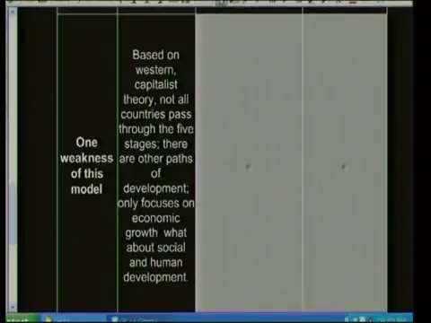Depending on how fast the development happens, maybe you can jump from stage 1 to stage 3. The development also only focused on economic growth and did not mention social and human development. And that was the main criticism of Rostow's model, that everything was based on economics and not enough on social and human development.